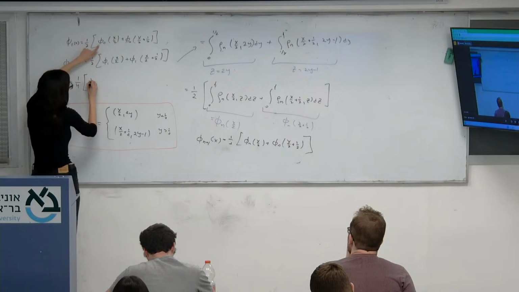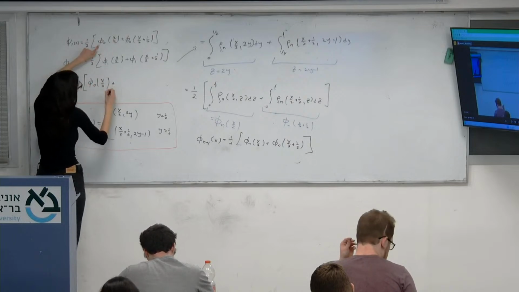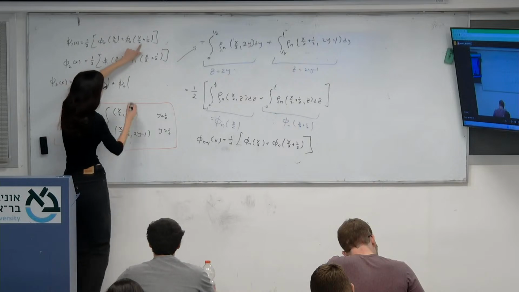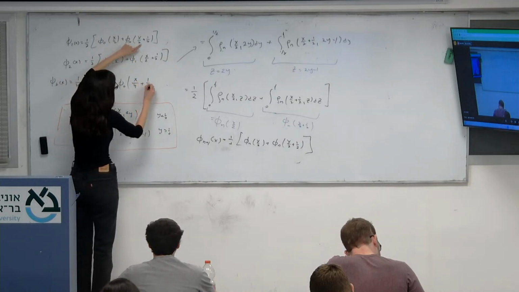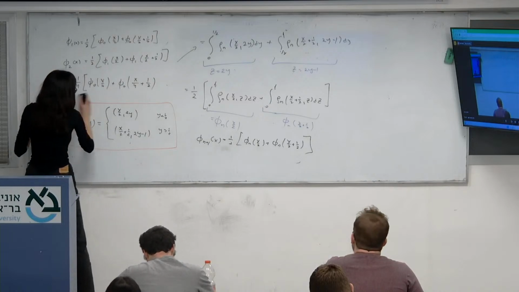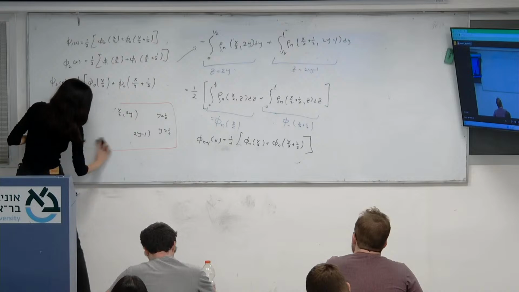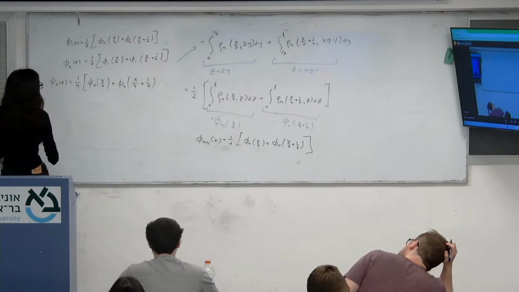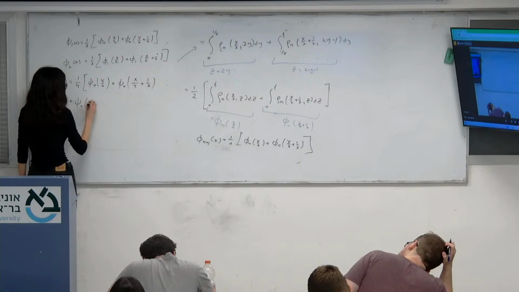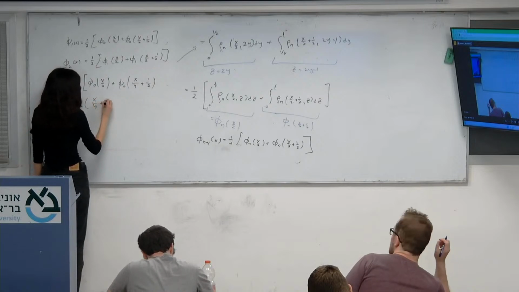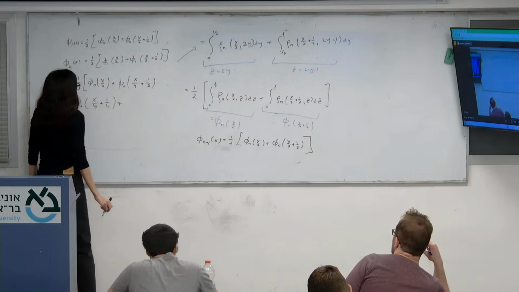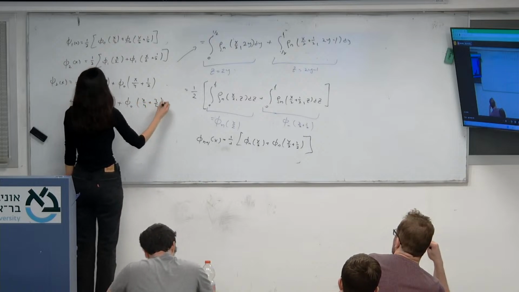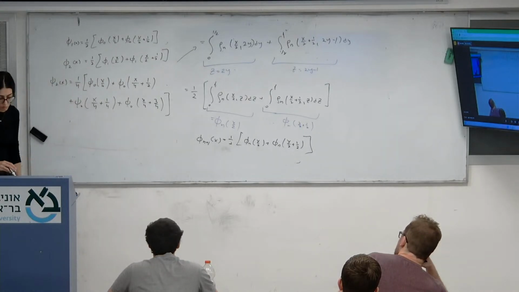And then we have phi 0 of x over 4, and then phi 0 of x over 4 plus half, then phi 0 of x over 4 plus 1 over 4, then phi 0 of x over 4 plus 3 over 4.